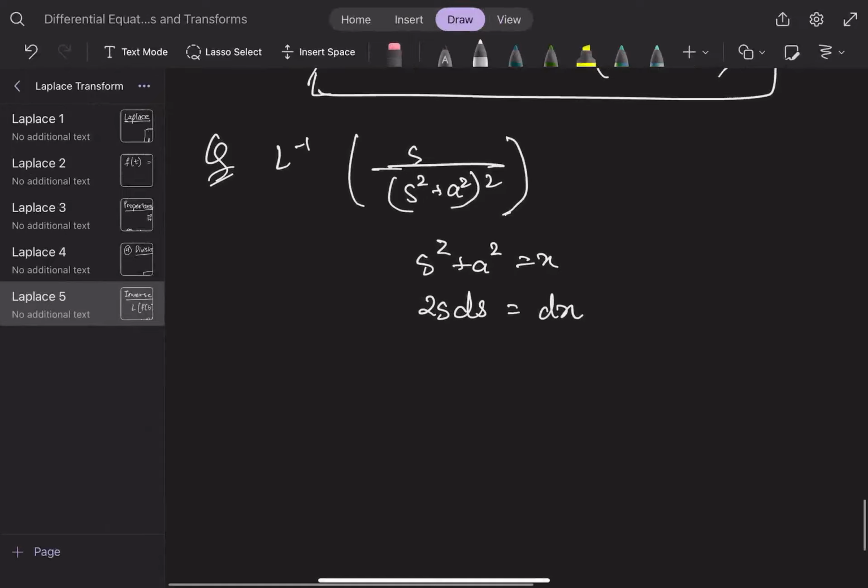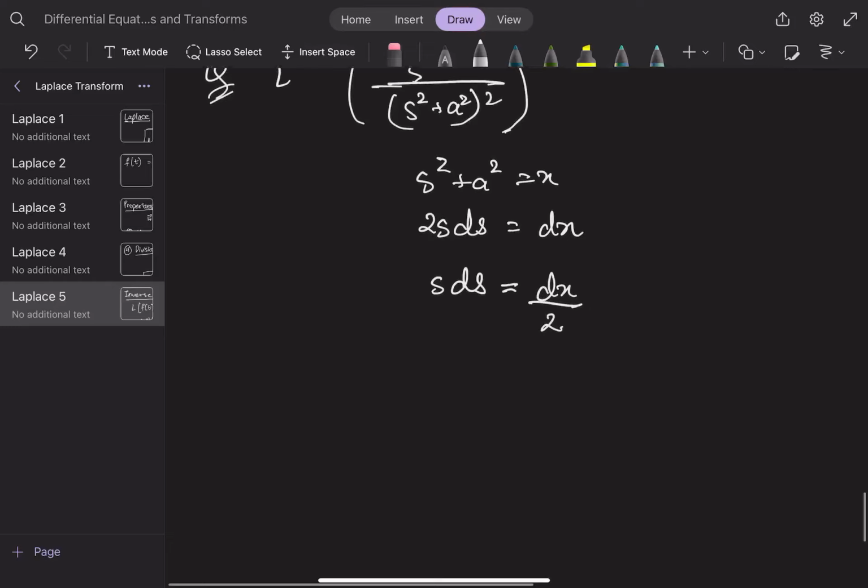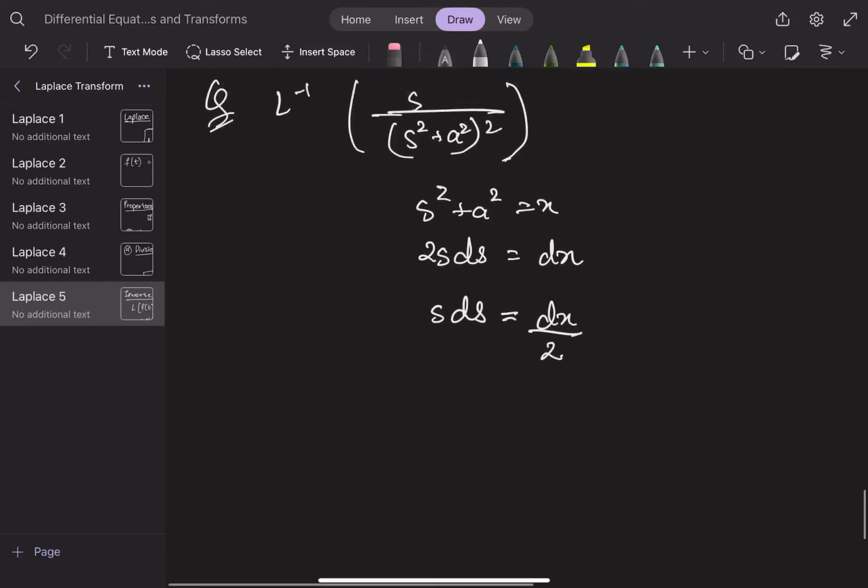So you can write s ds is equal to dx by 2, and you can write s ds divided by (s square plus a square) whole square as 1 by x square dx by 2.